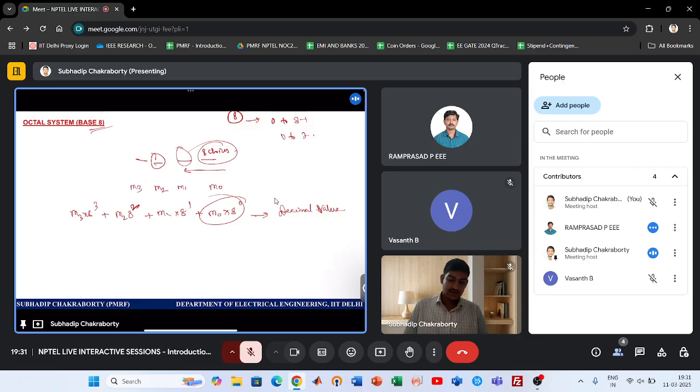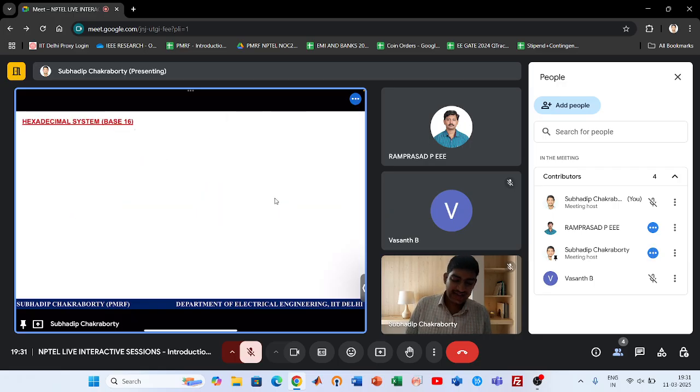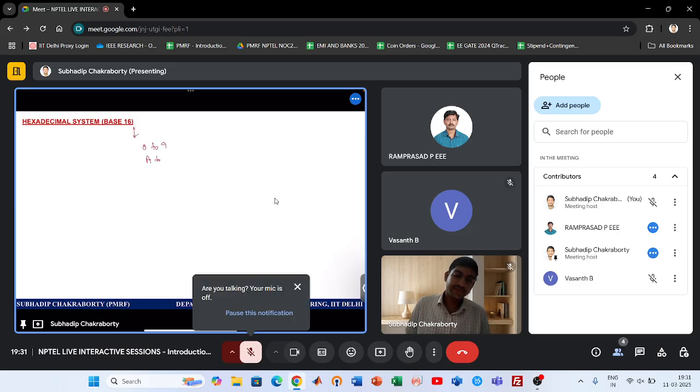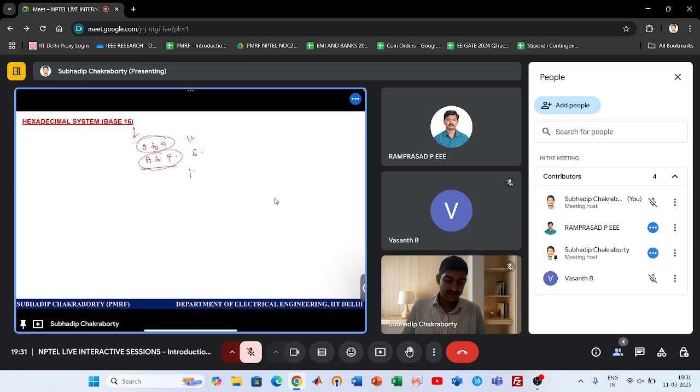Okay. So for hexadecimal, we have a slightly different architecture. We have 0 to 9 and then A to F. So 10 plus 6, 16 values or states.